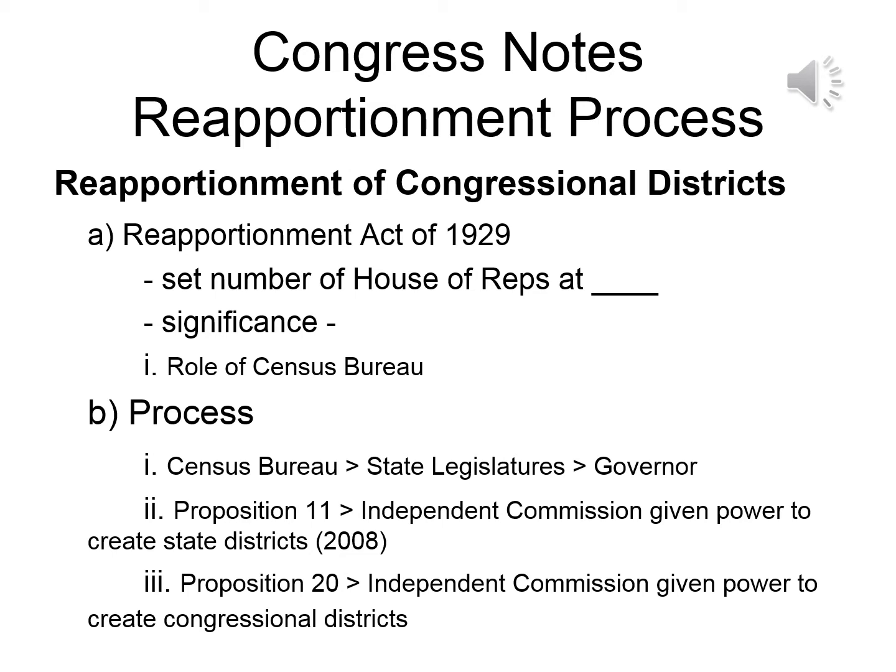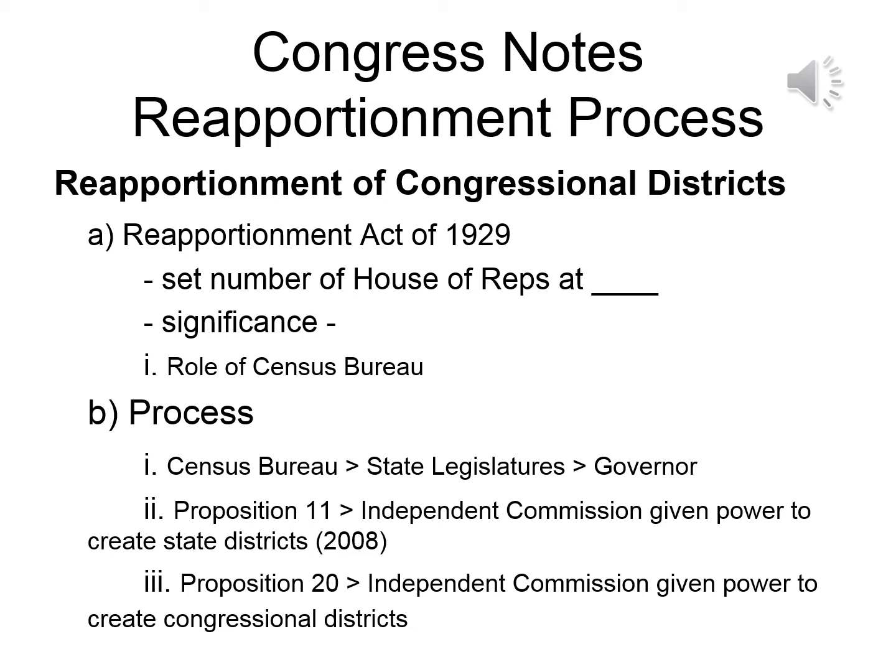Why are they the Rust Belt states? Because those are states that relied heavily on manufacturing, and when a lot of these jobs were lost, a lot of people left the state because no jobs were available. That would be states like Pennsylvania, Ohio, Michigan. So they've lost seats over time, while the Sun Belt states have gained seats.